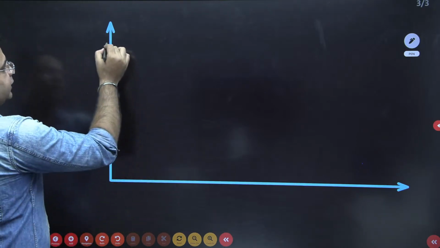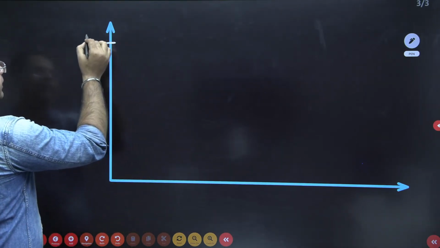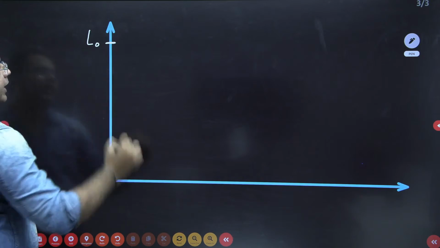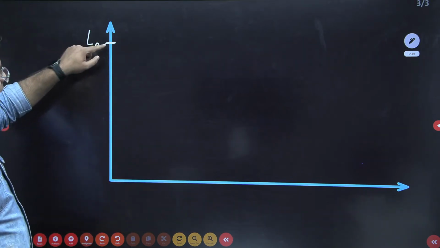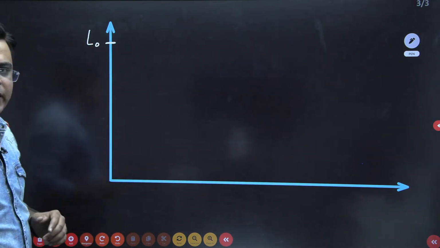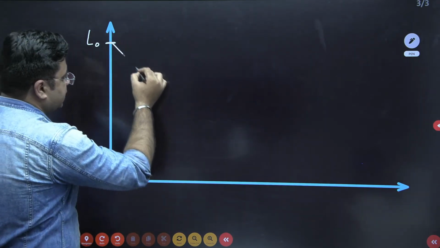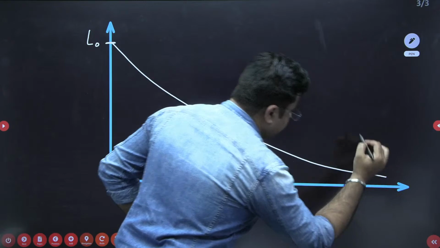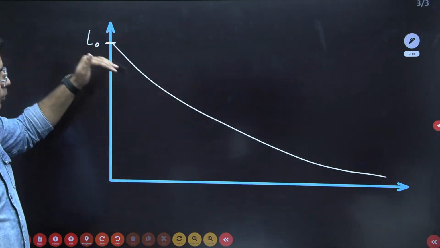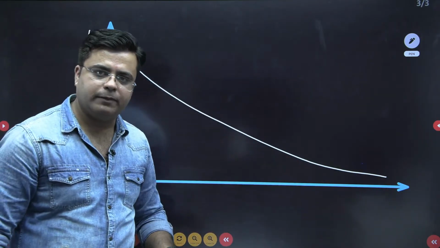If this is my organic matter at time t equals 0, denoted by L0, this organic matter under the attack of microorganisms will keep on decomposing like this. This is how organic matter decomposes inside the system, okay?